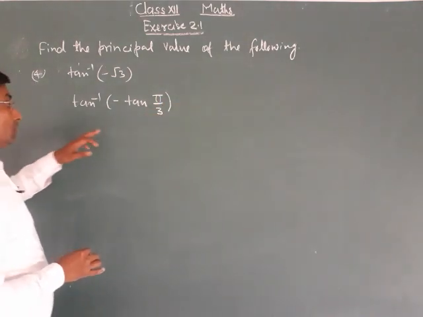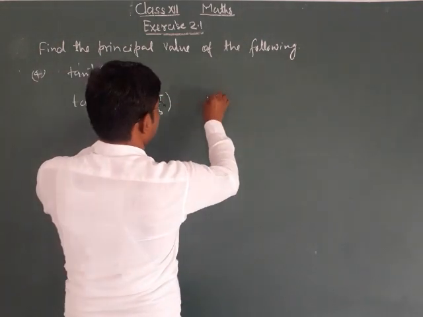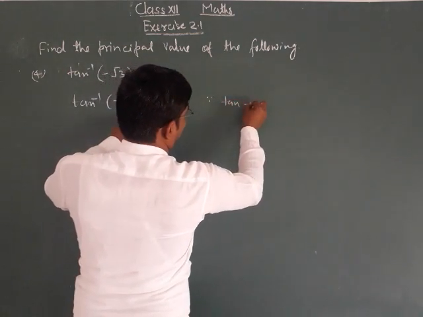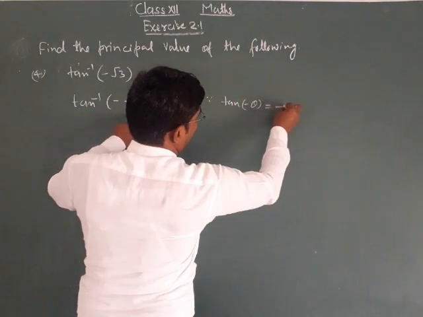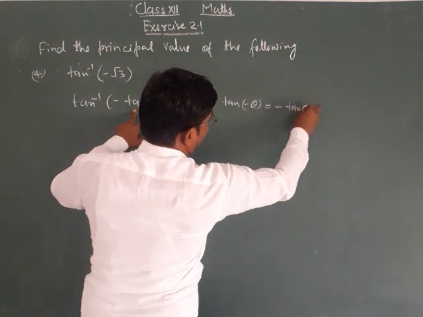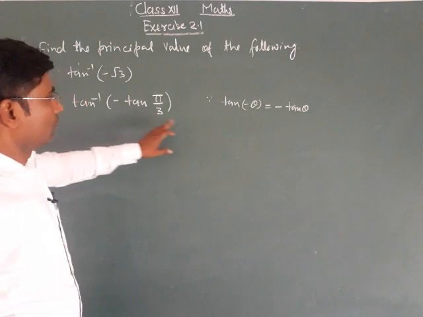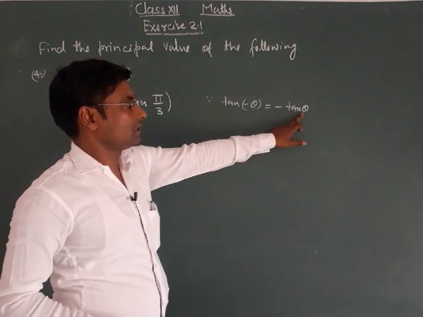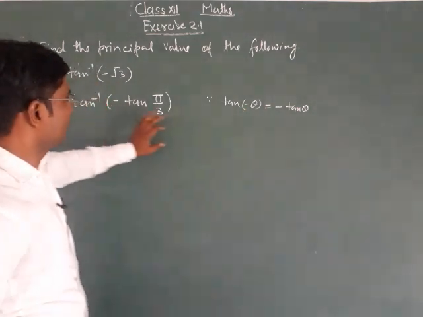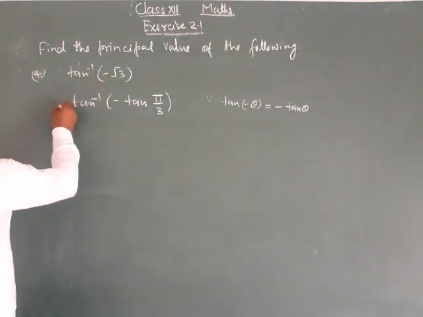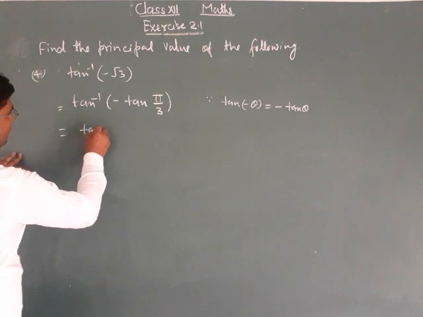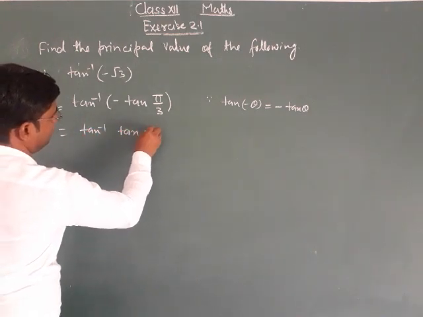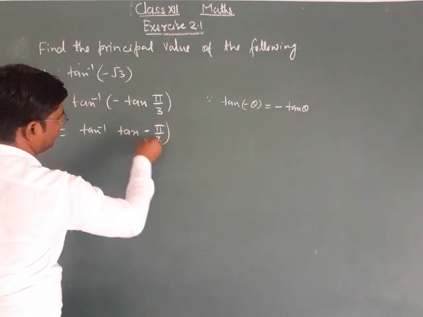Since tan minus theta is equal to minus tan theta, we replace this with tan inverse tan of minus pi by 3.